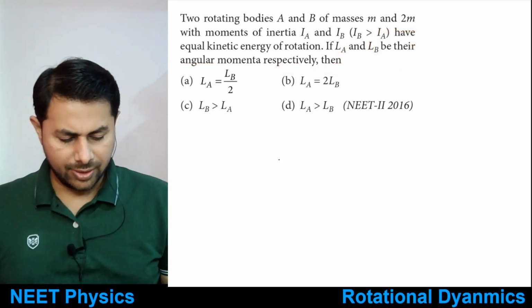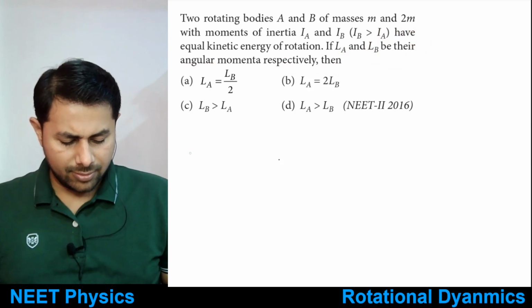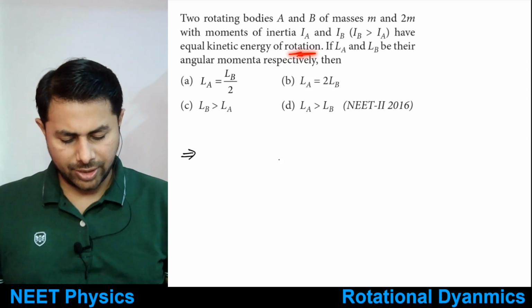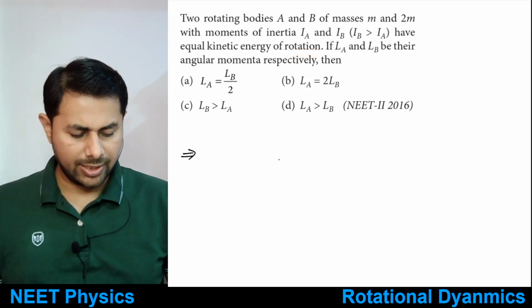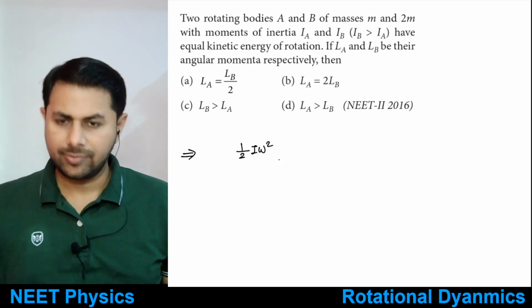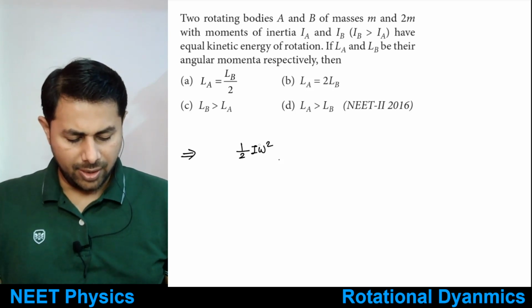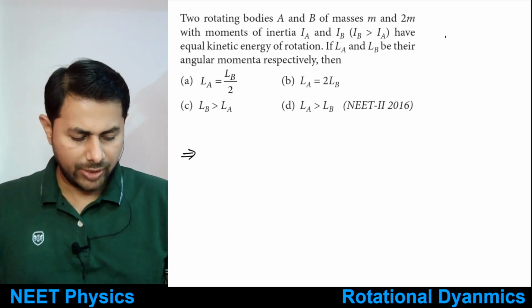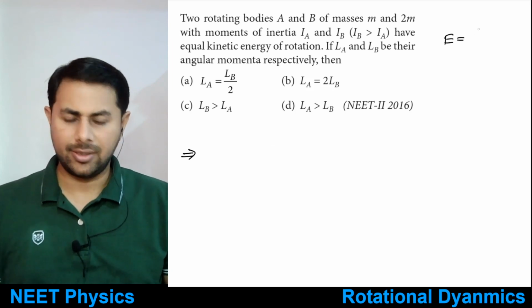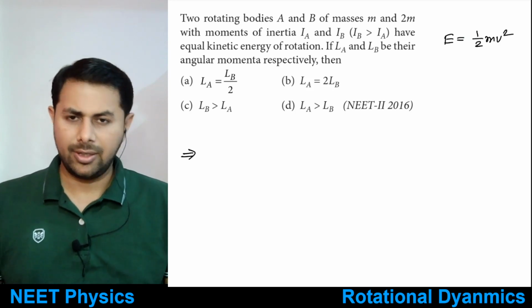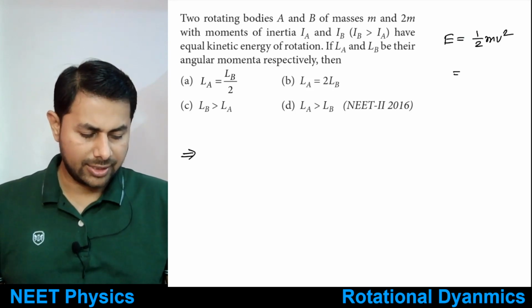This is the question. Now the bodies have equal kinetic energies of rotation, so you can write half of I omega square. But instead of that, we remember that for kinetic energy we have two formulae. One is half of m v square, in terms of mass and velocity.